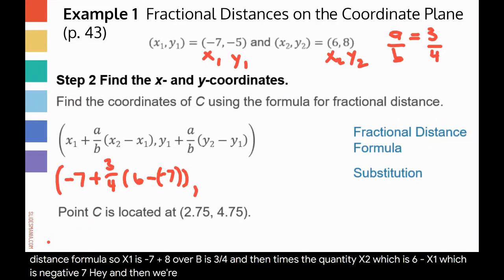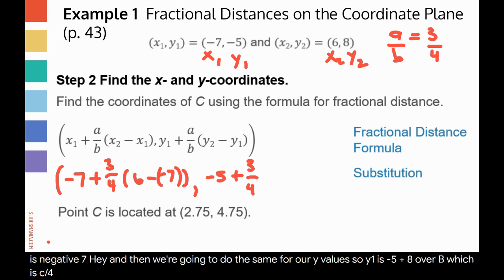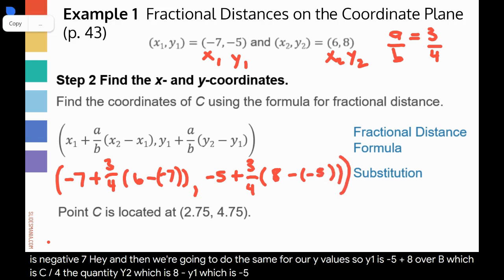Okay, and then we're going to do the same for our y values. So y1 is -5 plus a over b, which is 3/4, times the quantity y2, which is 8, minus y1, which is -5, and then close all the parentheses.